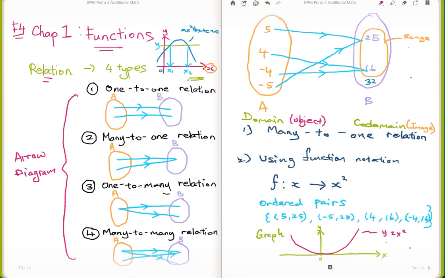Okay. So what is being mapped? The range would be from 16 to... I think I made a mistake here. -4 to 16. Oh yeah, correct.